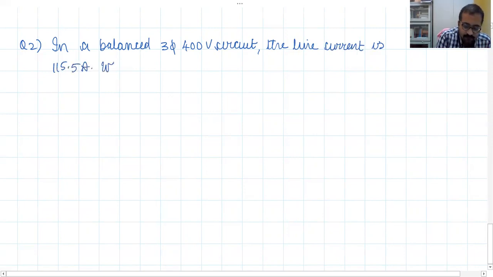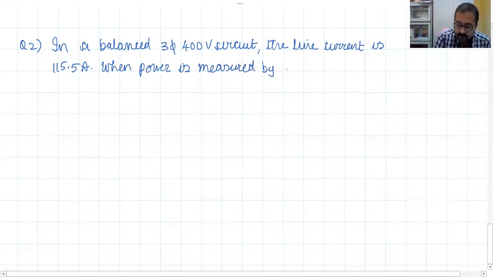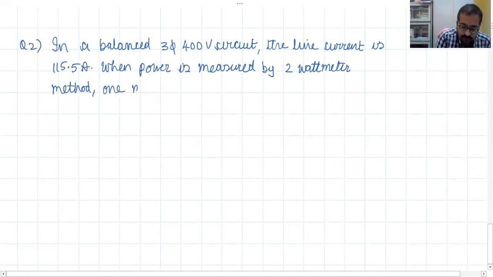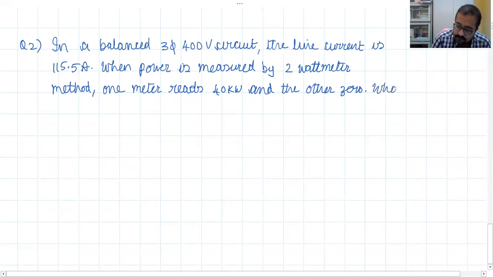When power is measured by the two wattmeter method, one meter reads 40 kilowatt and the other 0. What is the power factor of the load?